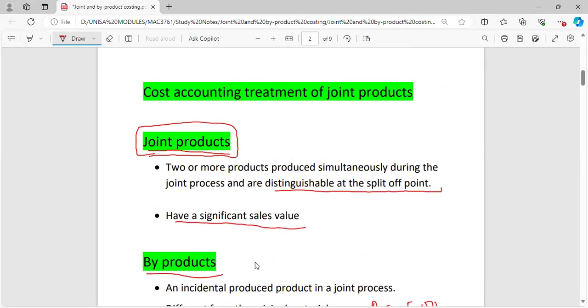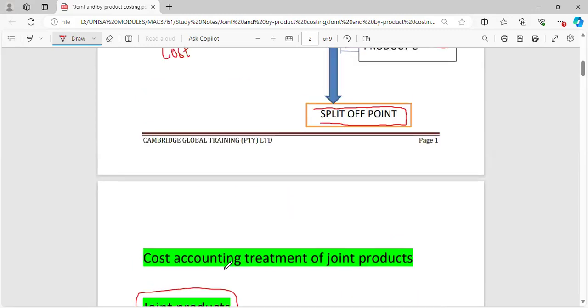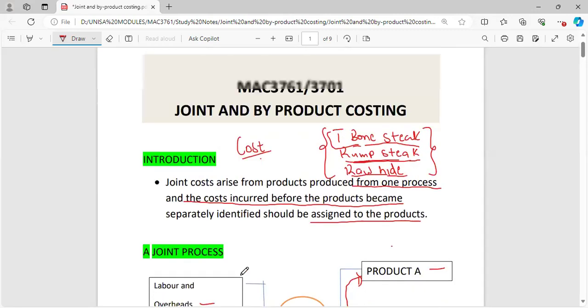They are not incidental. This is what we expect. When we slaughter a cattle, we expect to have these two types of meats. So those are going to be the joint products. These other incidental ones, like the rawhide, will be a byproduct.